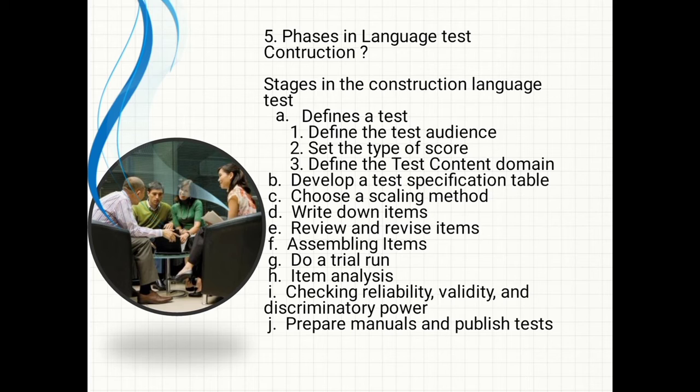D. Write down items. There are two important things to note. The first, at this stage, the test compiler is tasked with compiling the item file for the test. Second, the choice of a particular type of scale will determine the appropriate item format.